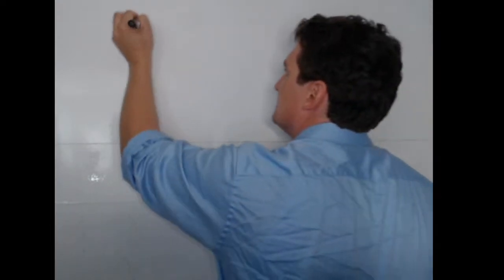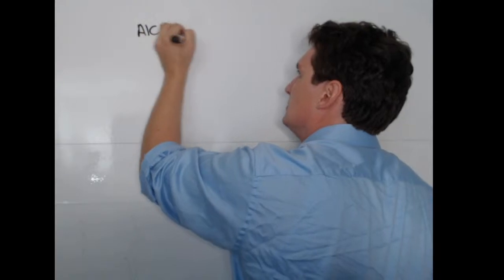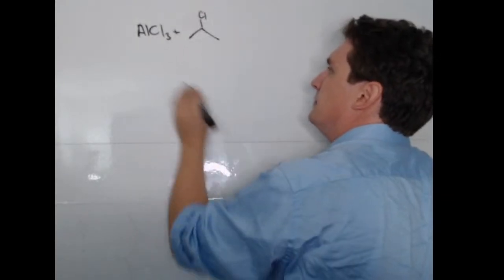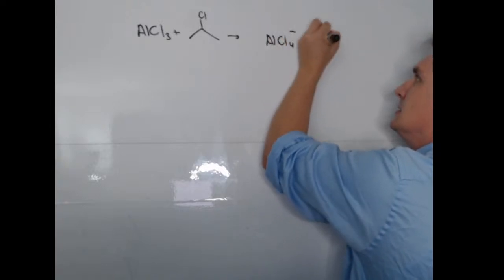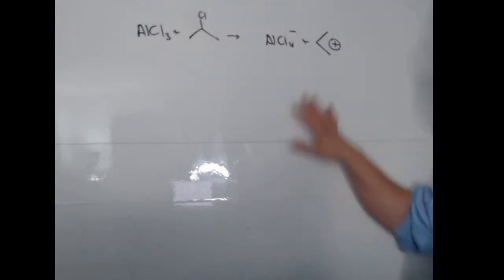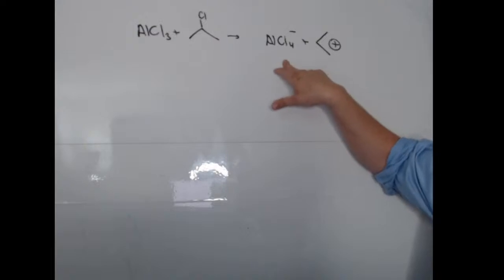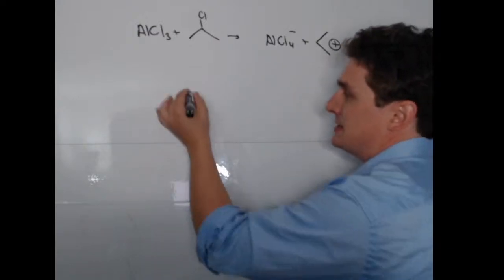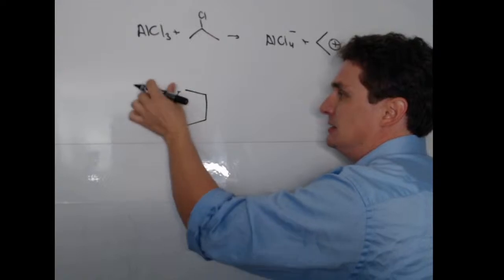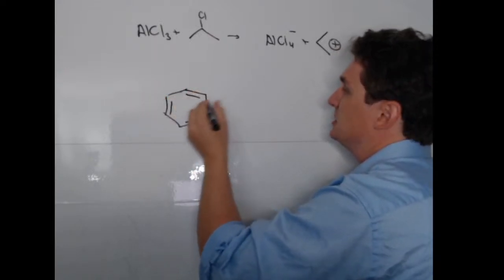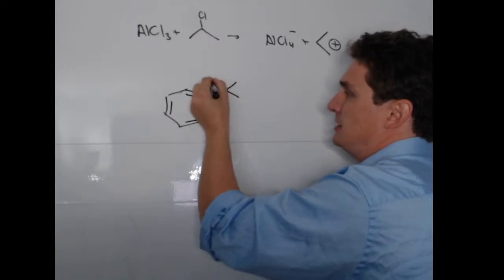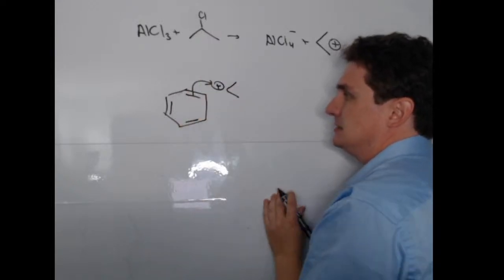The way Friedel-Crafts works, and I'm bringing up Friedel-Crafts for a reason, is that you actually end up generating a carbocation and an aluminum chloride salt. The benzene ring is very electron rich, and your carbocation here will attack it.